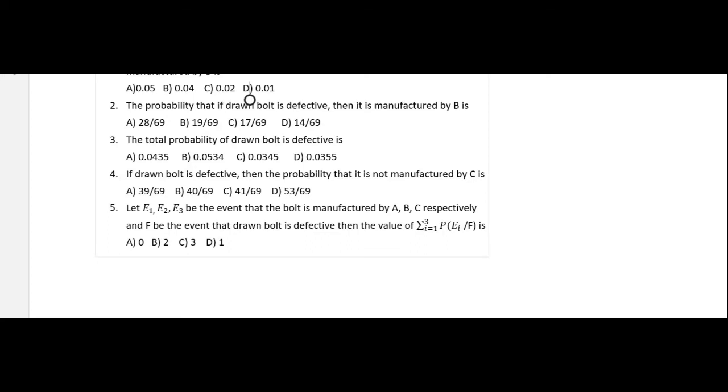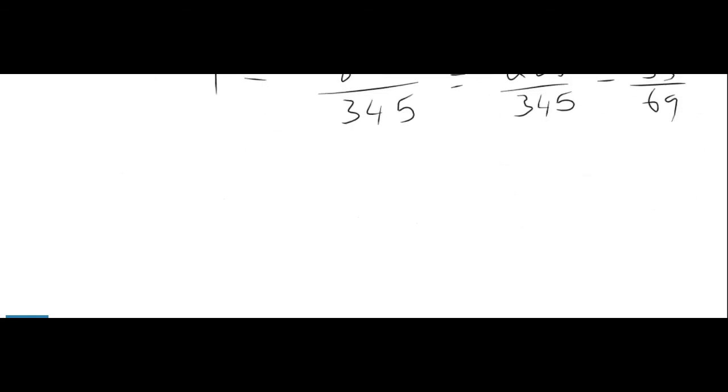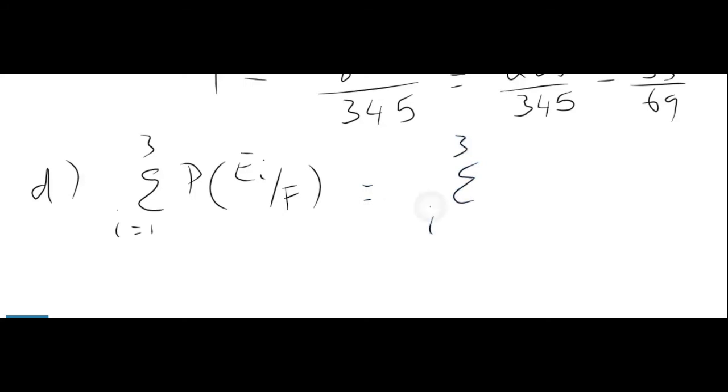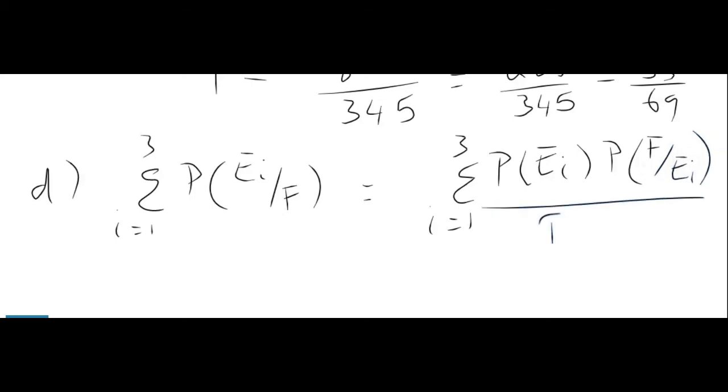Now this is the summation over i equal to 1 to 3 of P of Ei by F, which is nothing but the summation of P of Ei into P of F by Ei divided by P of F. So we always know that this is nothing but the total probability.